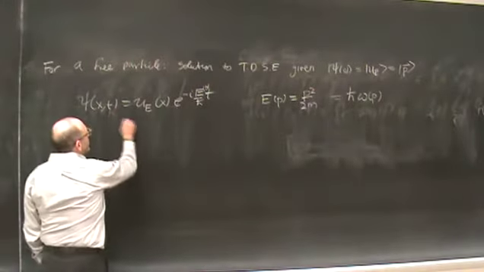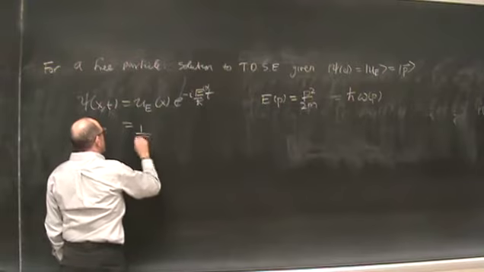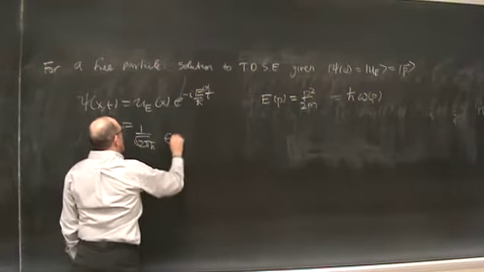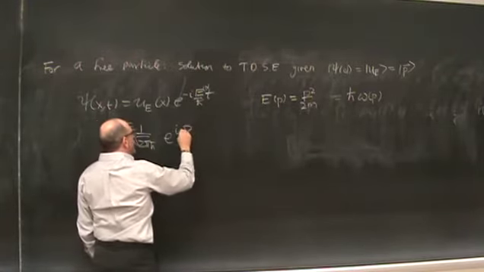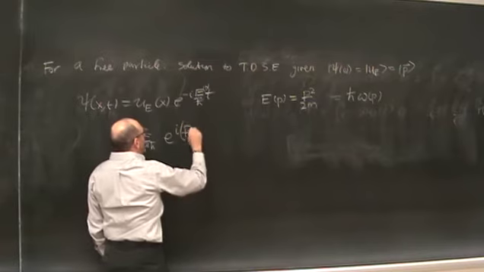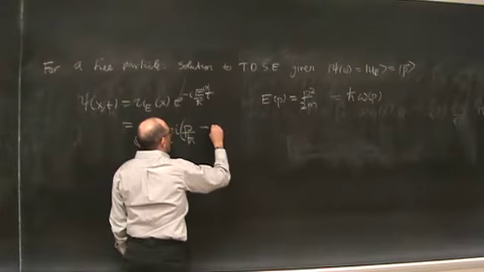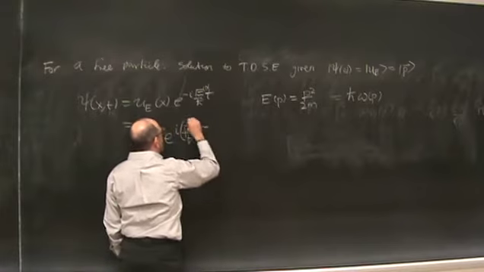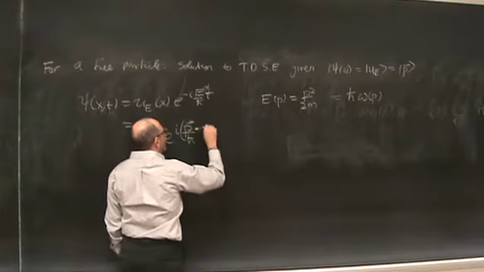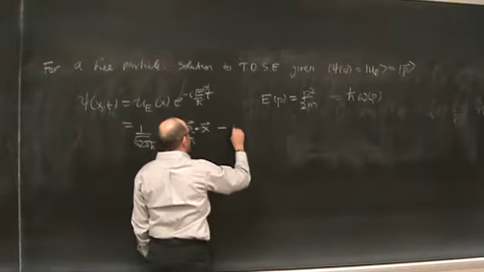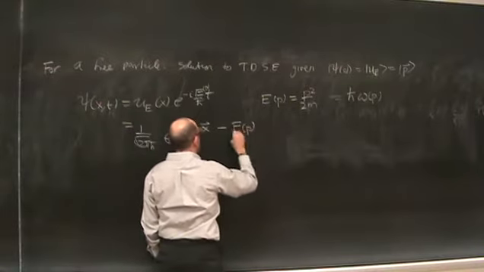Right? So this is e to the i, p over h bar, dotted into x, minus the energy as a function of p, times t.